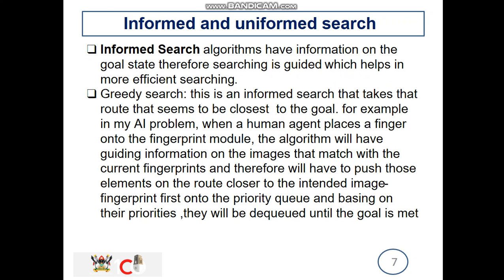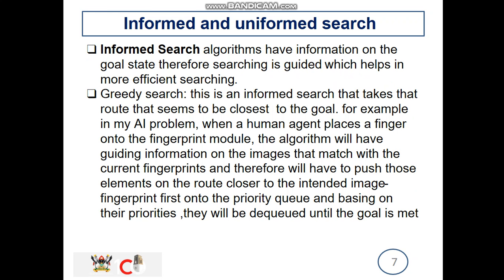Under informed search, I took the greedy search. What happens in the greedy search? Greedy search is an informed search that takes the route that seems to be closest to the goal. Because it already has information about what the goal is, it will try to take the route that seems closest to that goal.